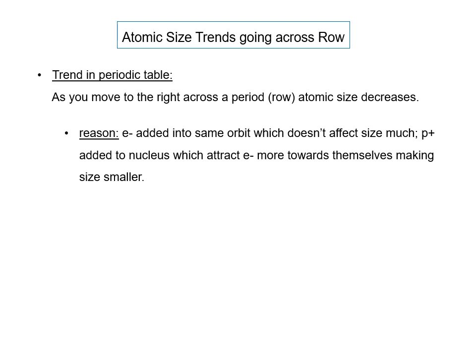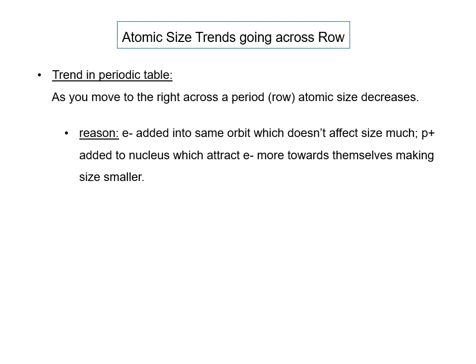Okay, so now we're going to look at why that is. The reason is that as you go from left to right across the row, the electrons get added into the same orbit. Remember we talked about this earlier. As they get added into the same orbit, it doesn't affect their size much, right? Because they're being added into the same shell.